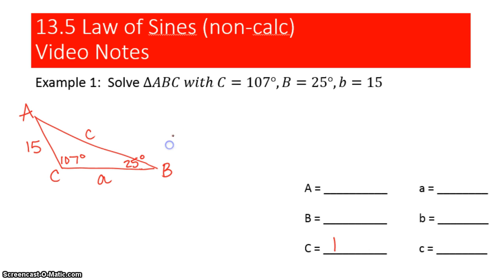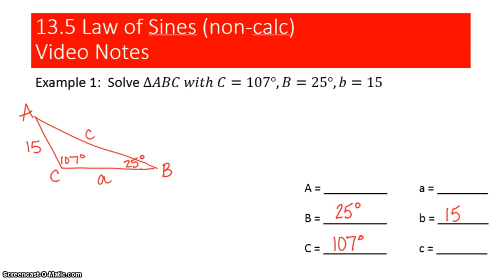Okay, so now we're going to solve the triangle, which means we're finding all the missing pieces. So we can fill in here that this is 107 degrees, angle B is 25 degrees, and side B is 15. Okay, we can also fill in angle A, because we know that the 3 angles of a triangle add up to 180.